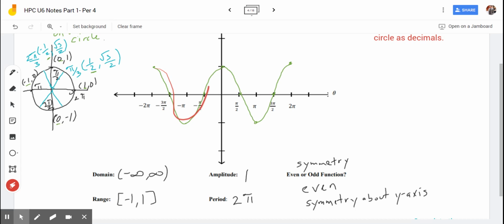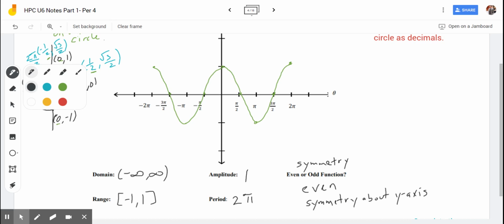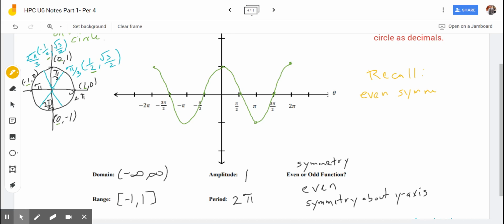These would be mirror images on either side. Remember the definition for even functions, even symmetry: if we have (x, y) as a coordinate, we would have -x, but the y value, the output, would remain the same.